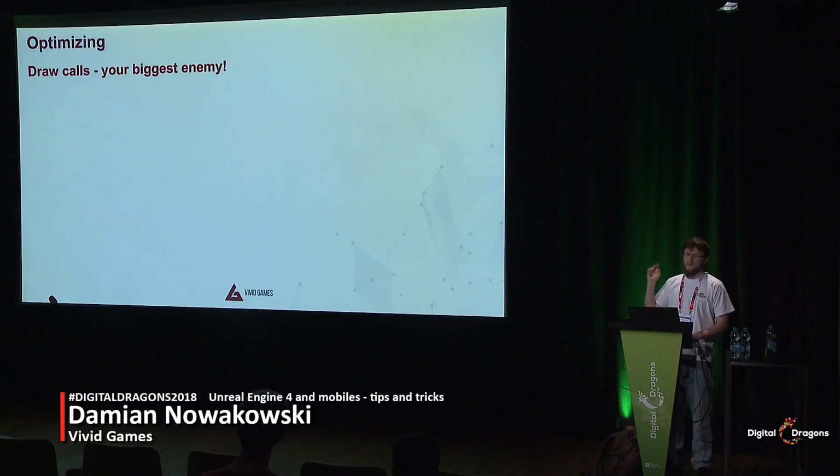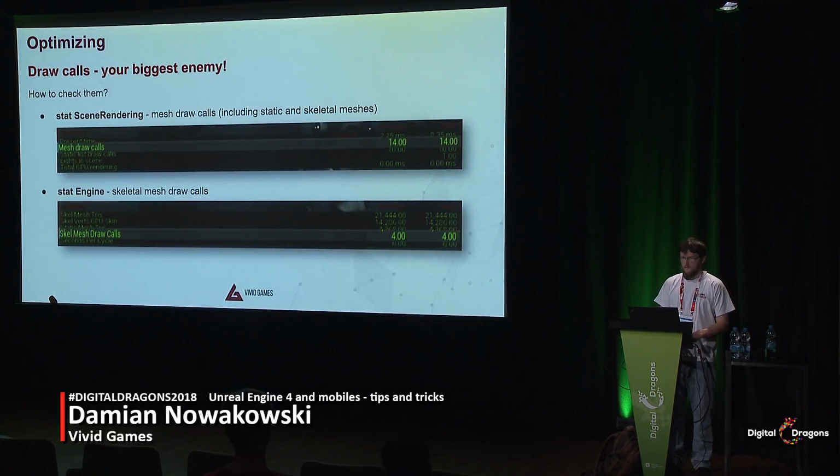When optimizing, draw calls are your biggest enemy. The more draw calls, the slower the game will work, and it is really painful to reduce them. So the first thing: how to check them. You can run stat scene rendering.